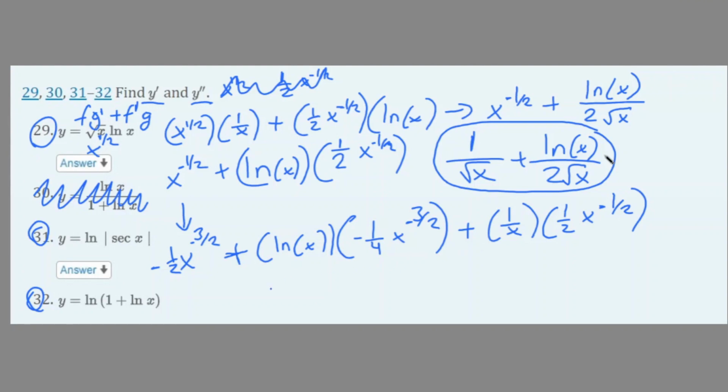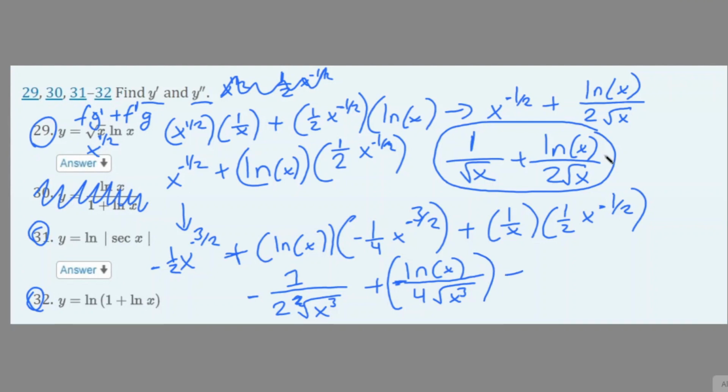And if we write all of this out, just so it looks good, we're going to end up with negative 1 over 2 square root of x to the third power, and then plus ln of x, and actually it's going to be minus ln of x over 4x to the 3/2 power on the bottom, and now plus 1 over 2x radical x.